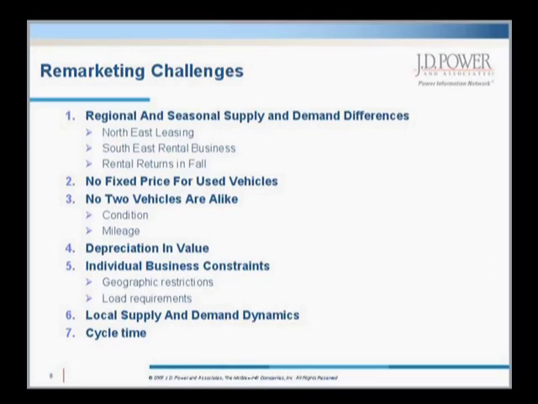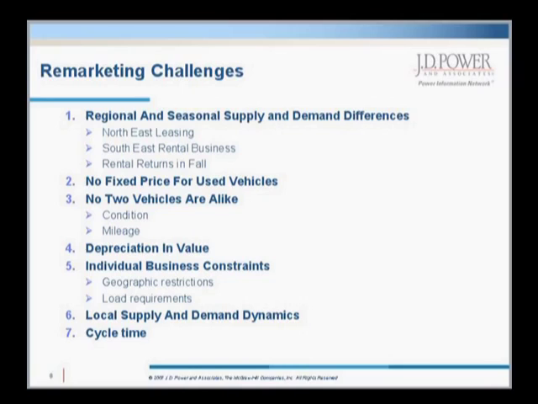So what are some of the particular remarketing challenges that come now with selling these vehicles? Well, first of all, there are some significant differences in regional and seasonal supply and demand of these vehicles. And just to give you a couple examples, the Northeast is, for example, in America, a very heavy area in terms of leasing, but for some reason the demand for these off-lease vehicles is not very high.